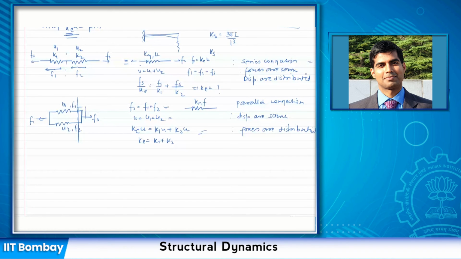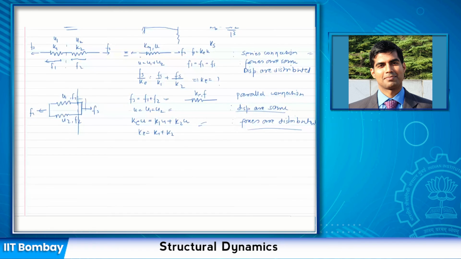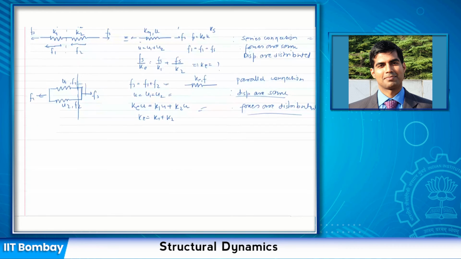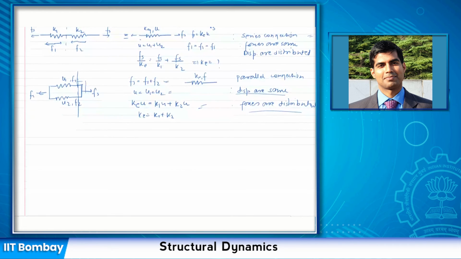How do we know whether it's a series connection? The forces are same and the displacements are distributed, and for the parallel, displacements are same and the forces are distributed. This is more conceptual and would help you if there are a lot of springs or the springs and beams, columns are connected in certain fashion, so that you need to determine the equivalent stiffness. So just keep that in mind so that whenever you encounter it, you can find out the equivalent spring constant.